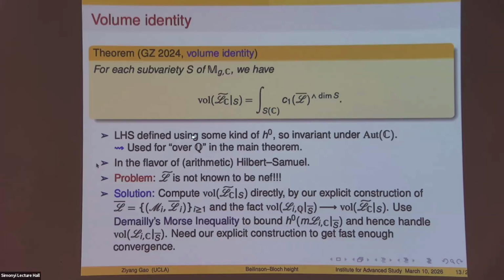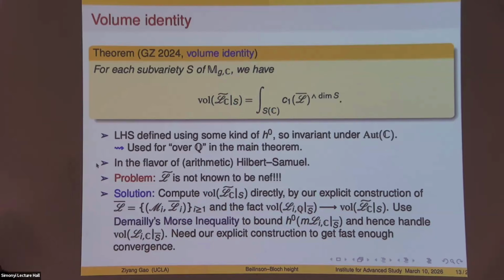We proved this directly. So we really wrote down that this volume where we're doing some H0, and we sort of want to compute things and approximate things using, let's say, bound H0 and handle this H1 and so on, higher cohomology. And this is where we use the nice Morse inequality. So we use our construction of this adelic line bundle.